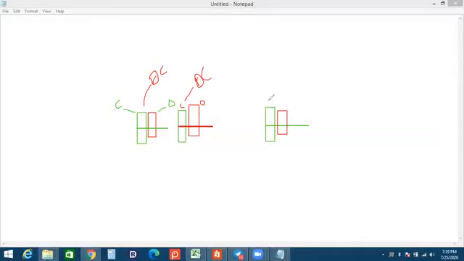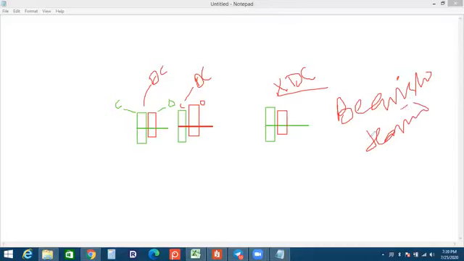But if the price opens with a gap down and crosses the 50% level, then this is not a dark cloud cover. What is it? It's a bearish Harami. To understand the bearish Harami, that's the sign.